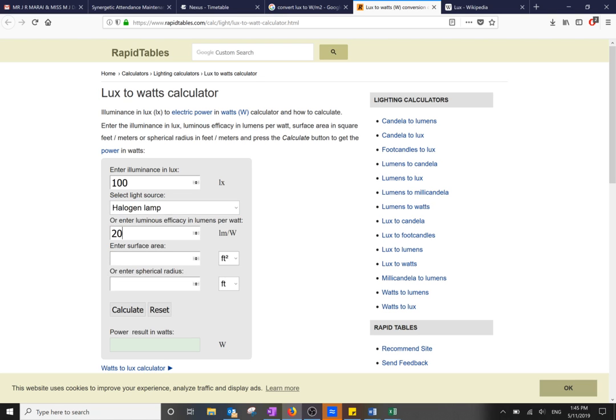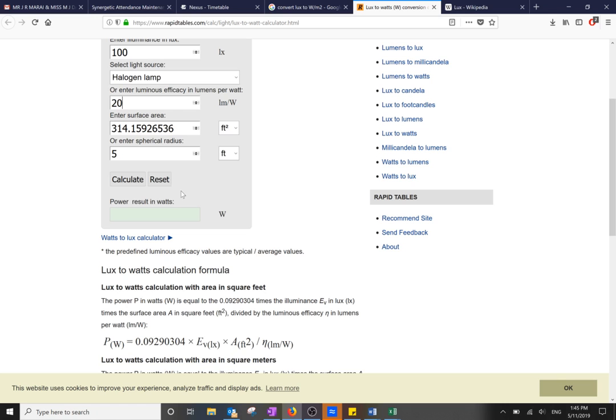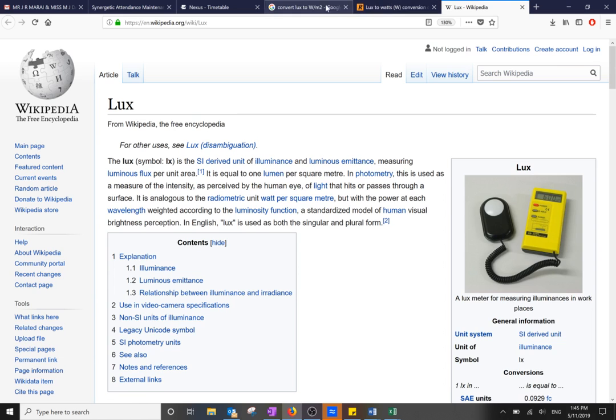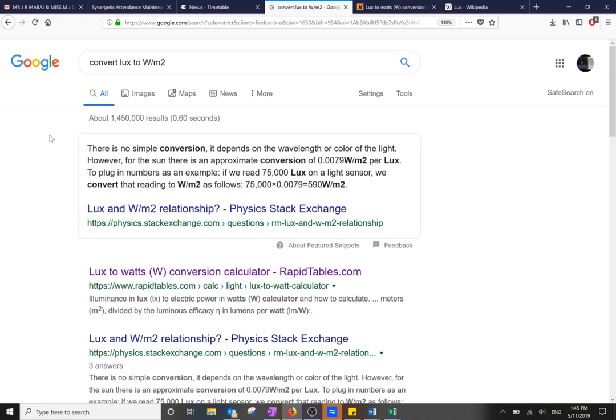If we entered the surface area or the spherical radius, I don't really know, you can convert, okay? But what we're going to do is just pretend there is no simple conversion. It depends on a lot of stuff. It depends on your wavelength, the shape of the object, whether the object is a perfect black body, which we learnt about in the previous term.